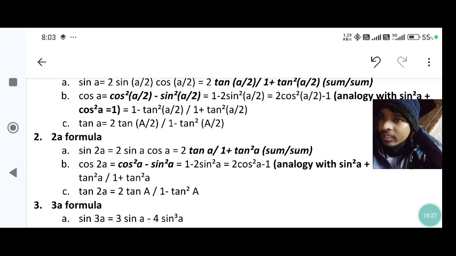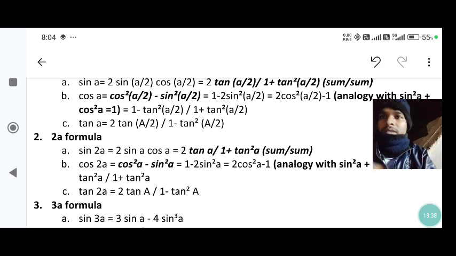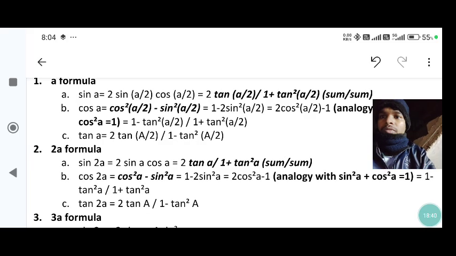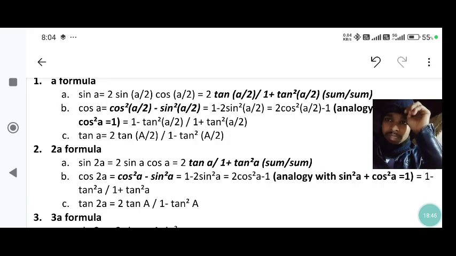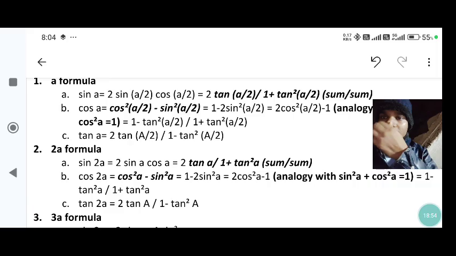For cos A, it will be cos square A by 2 minus sin square A by 2, which gives cos A. And also 1 minus 2 sin square A by 2, which is also equal to 2 cos square A by 2 minus 1.